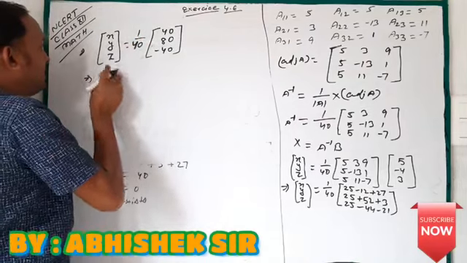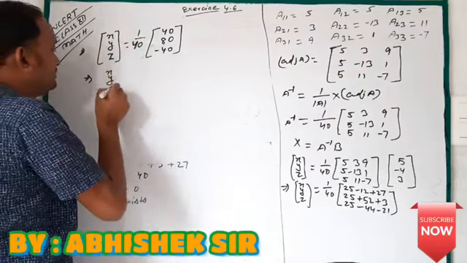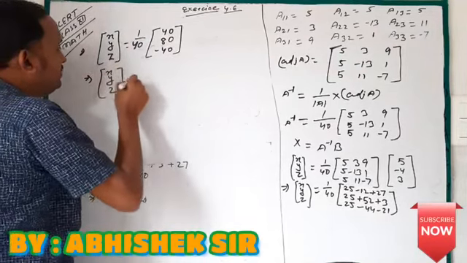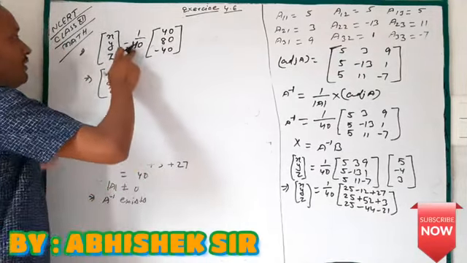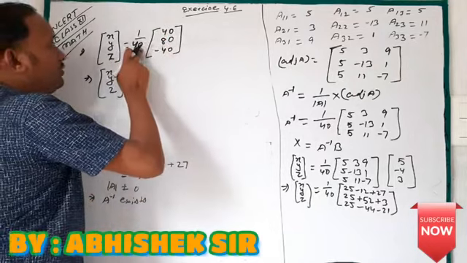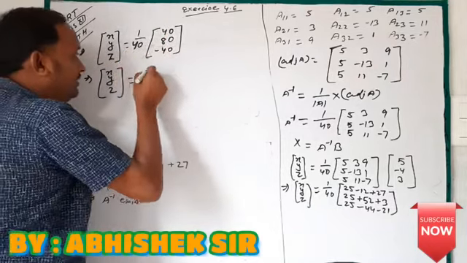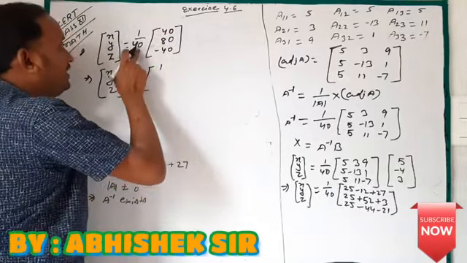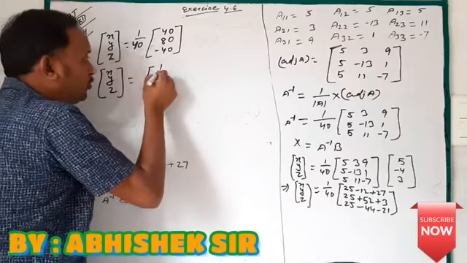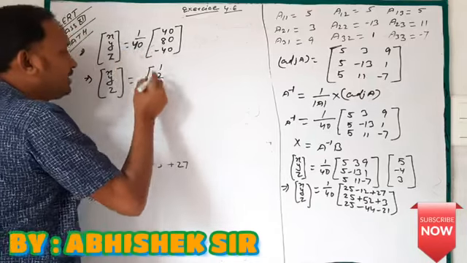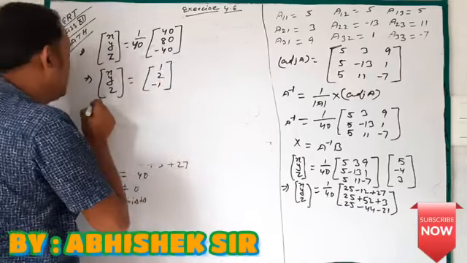Now X, Y, Z is equal to 40 upon 40, 1, 80 upon 40, 2, minus 40 upon 40, minus 1.